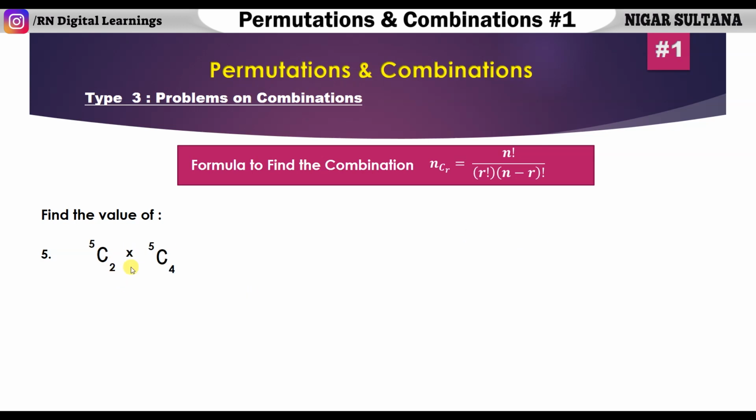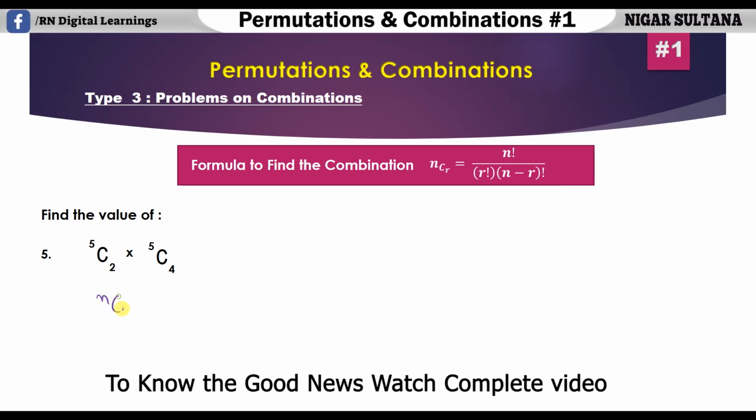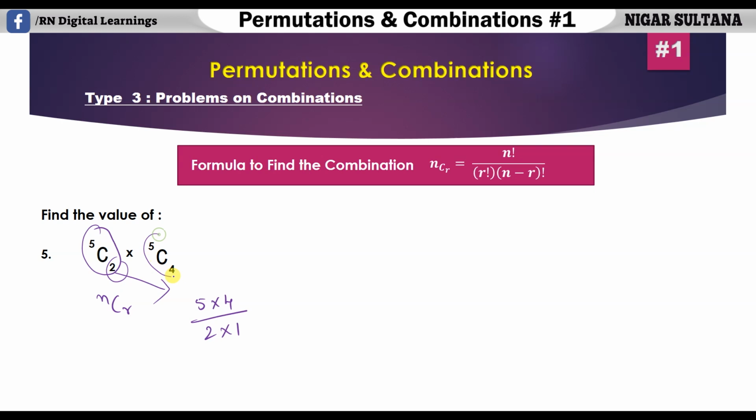Now let's see the last problem, that is 5C3 into 5C4. Now 5C3 is in the form of nCr. Let's calculate this part first. So 5 into 4, go only with 2 numbers... no, with 3 numbers as needed, divided by 2 into 1. Now again 5C4, nCr can also be written as nC(n minus r), isn't it?